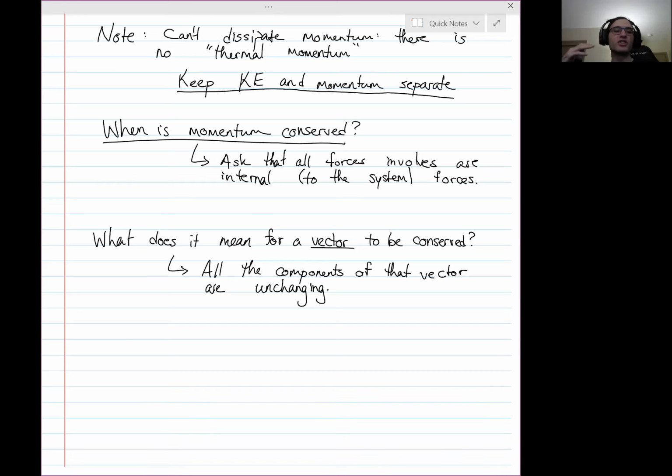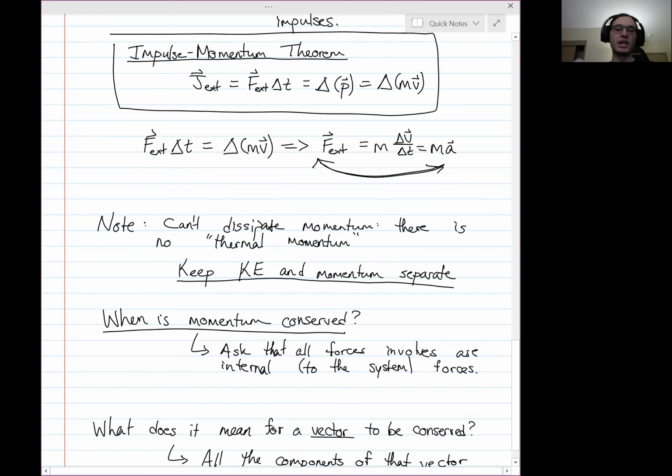So because there are no external impulses on the ball in the horizontal direction, the horizontal component of the momentum is unchanging, because the impulse directly changes the momentum. So if the x component of the impulse is 0, then the x component of the change in the momentum is also 0, which means that the x component of the momentum doesn't change.